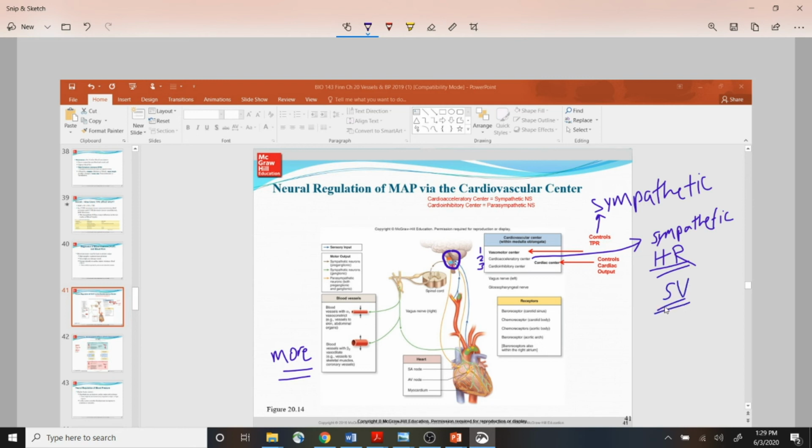How does it do that? It gets a message from the cardioacceleratory center that says, okay, sympathetic system, you predominate. And when you do, we can speed up heart rate and stroke volume. If the vasomotor center is more active, we can increase total peripheral resistance in some places. That all can increase mean arterial pressure overall.